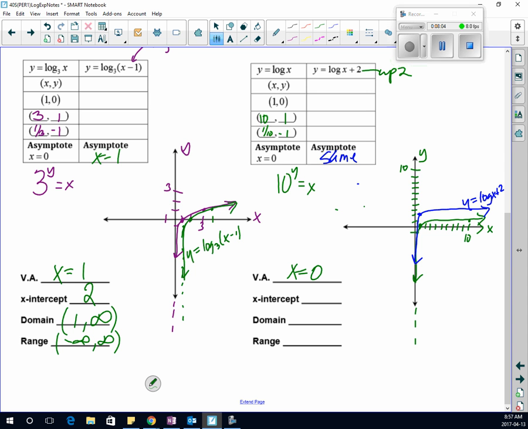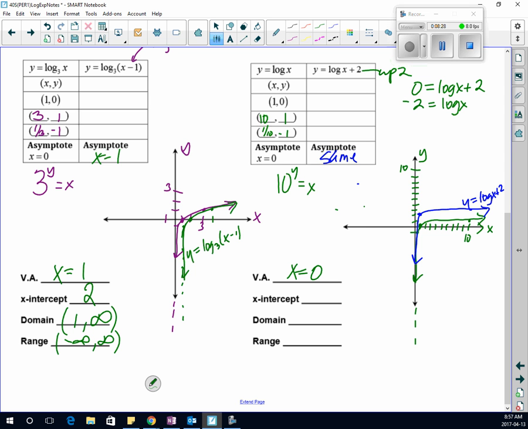Solve for it. So that means I would put what to 0? The y to 0. So 0 equals log of x plus 2. Then what? Move the 2 over. Okay. So I have -2 equals log of x.